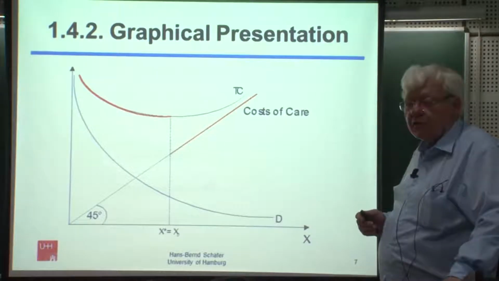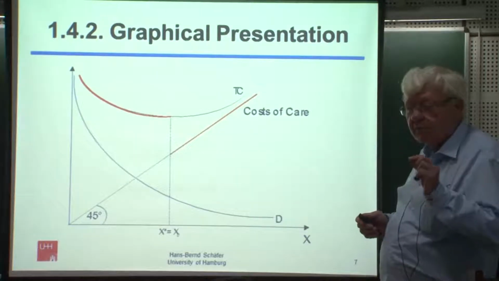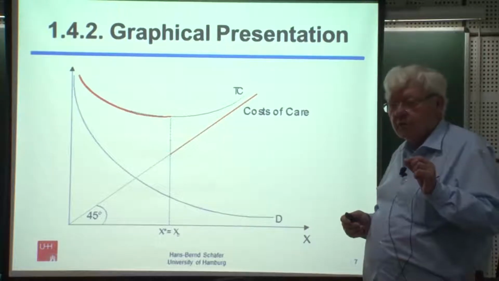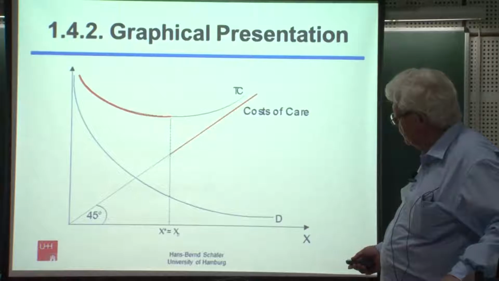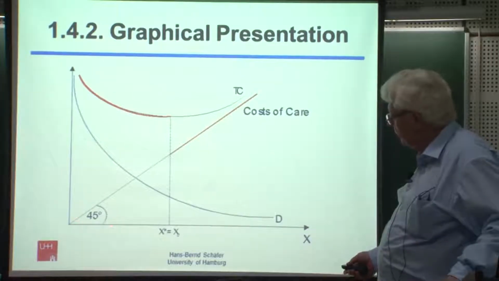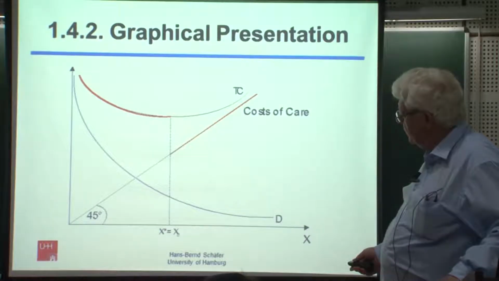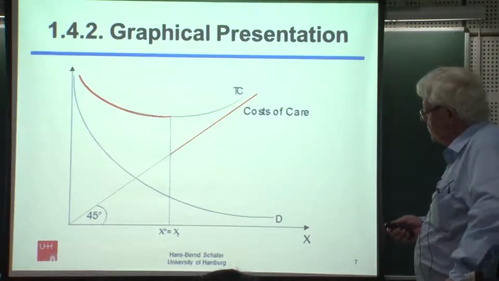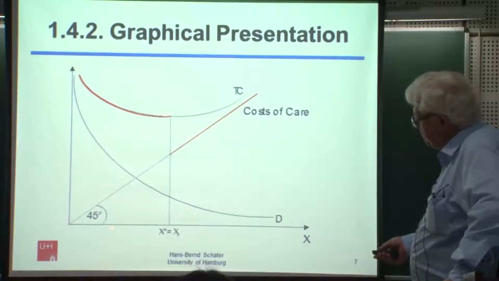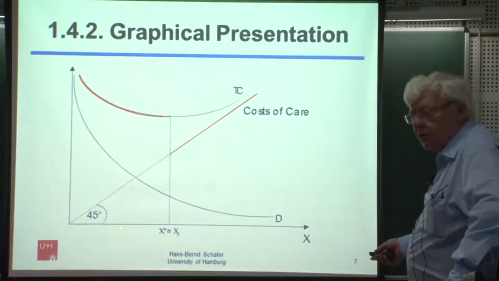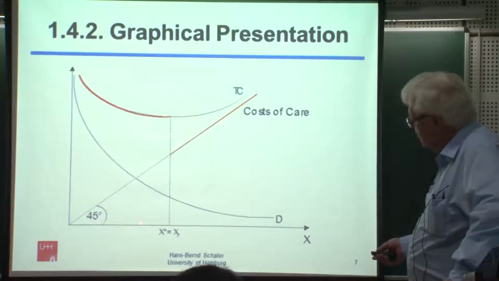Now, this has the following consequences. From an individual point of view, from the point of view of the tortfeasor when he plans his care, he knows that he will be liable in case of an accident.